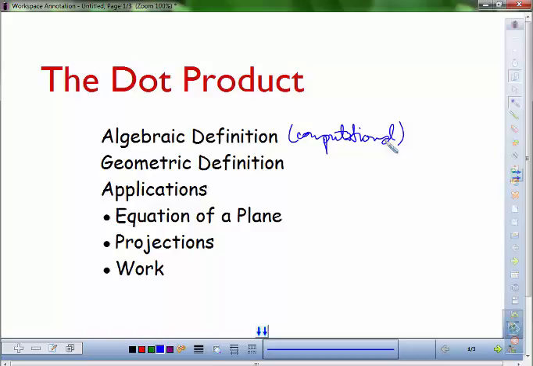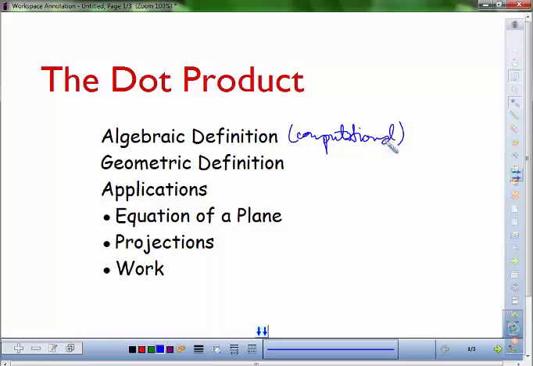One of the tools that we're going to use is the idea that when you dot two vectors that happen to be perpendicular, you actually get 0. So we'll use that piece of information to find an equation of a plane. And we're going into 3 dimensions, remember.